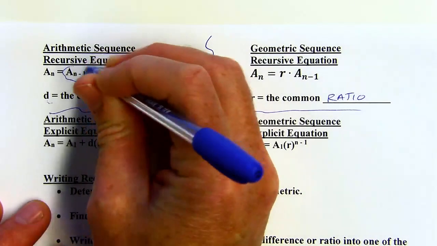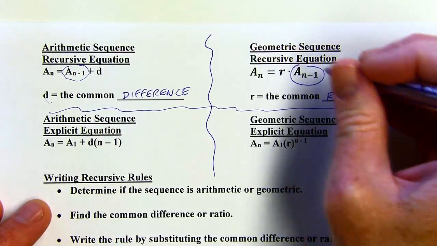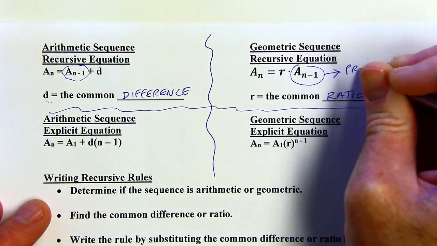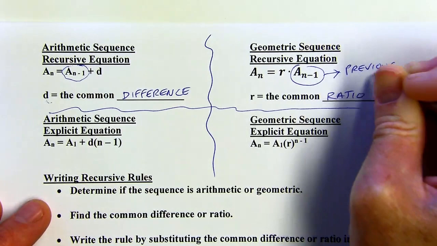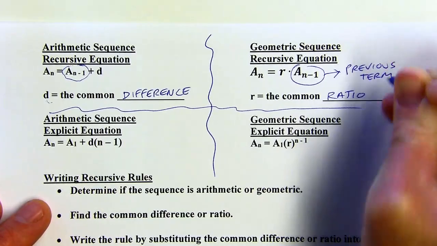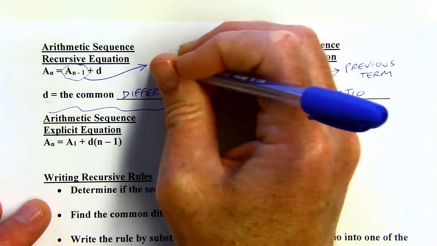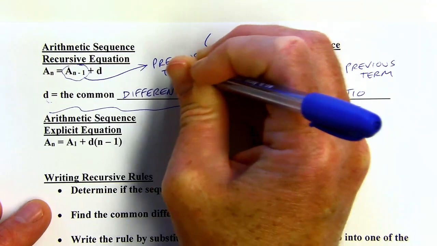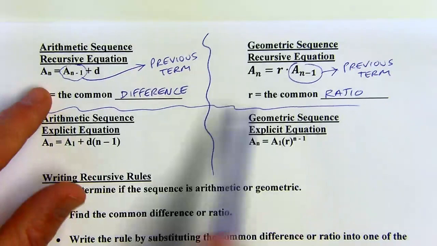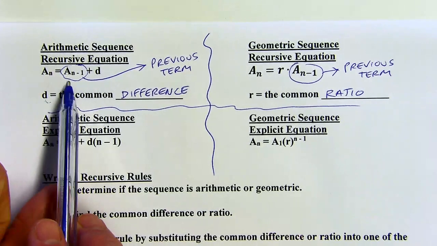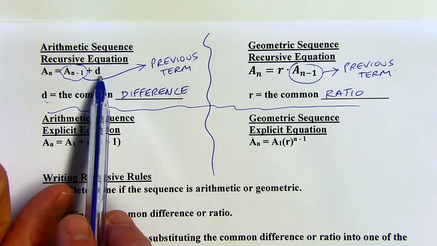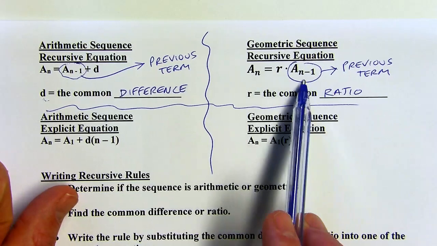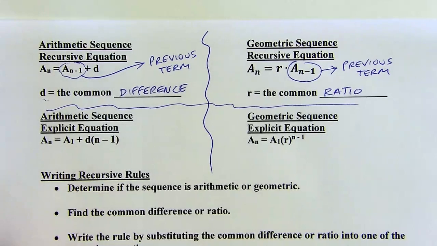So remember, this is going to be the previous term. And the same thing over here, right? This is our previous term. Okay. So these ones are a little different, but it makes sense. You're taking a previous term and adding something to it to get to the next term. Here you're taking your previous term and multiplying it by something to get from term to term.